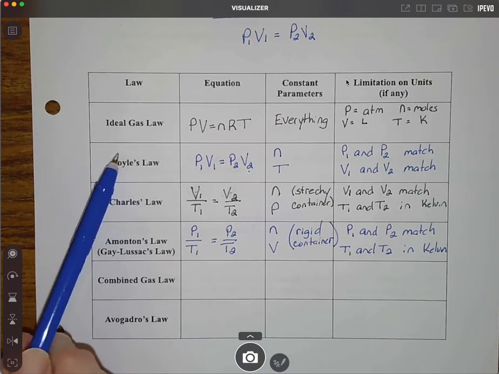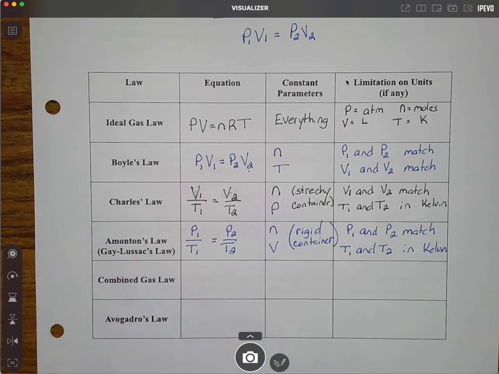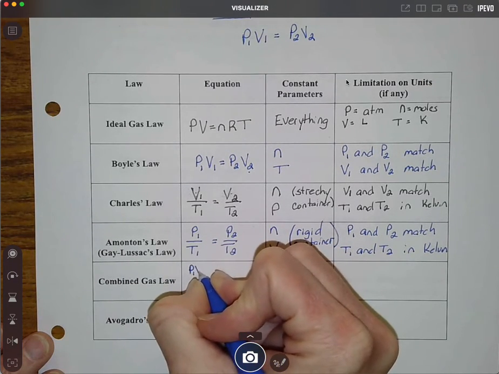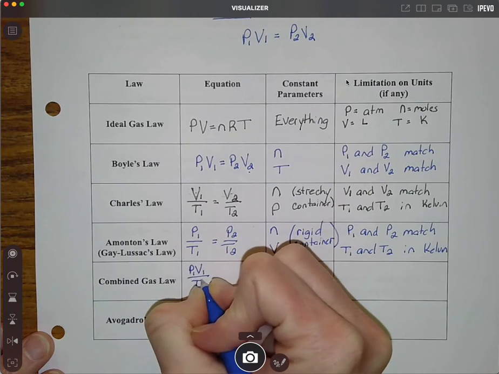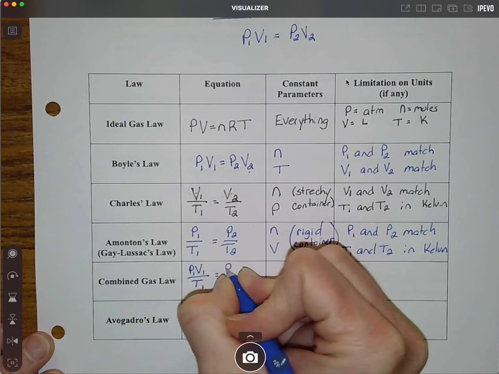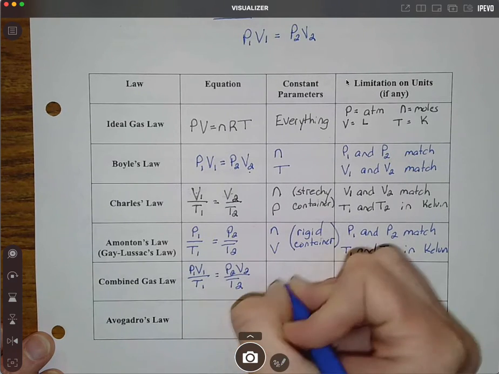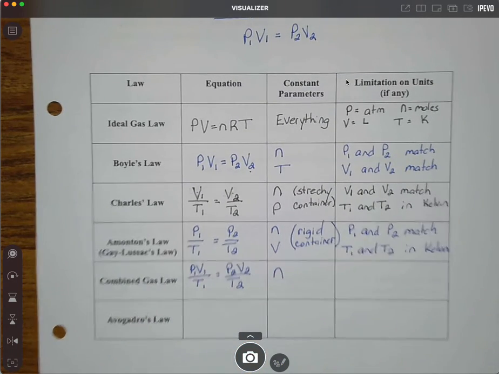If we take Boyle's law, Charles' law, and Amonton's law, and we combine them, we get the ever cleverly named combined gas law, which says P1V1 over T1 equals P2V2 over T2 as long as n is constant.